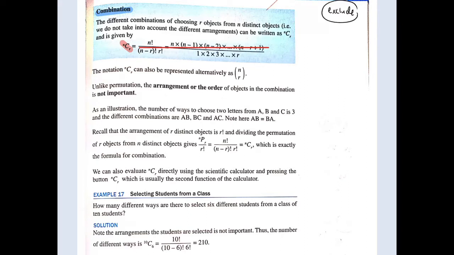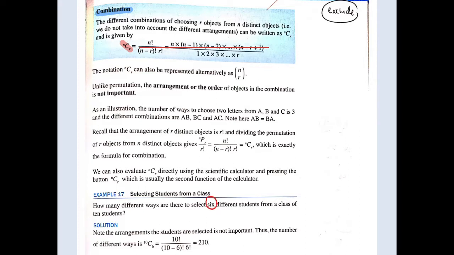Let's see the first example here. How many different ways are there to select 6 different students from a class of 10 students? We just want to select 6 students. Order is not important.